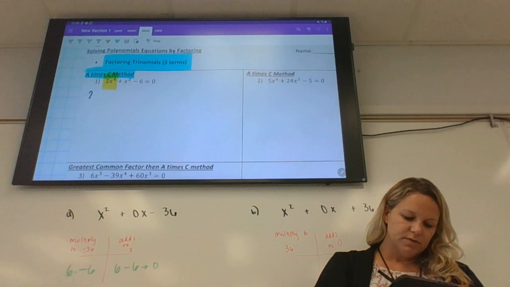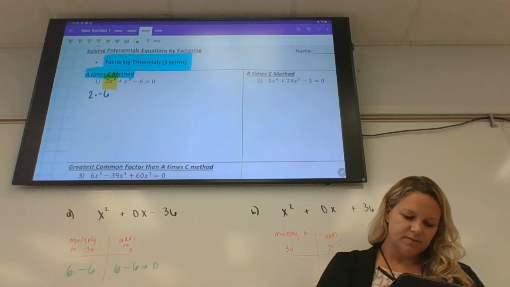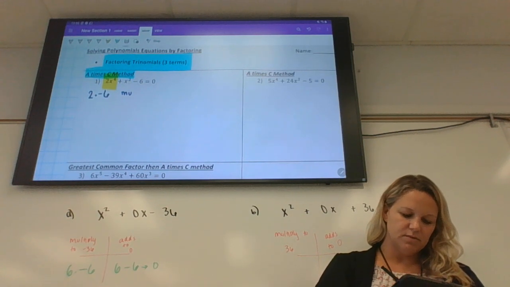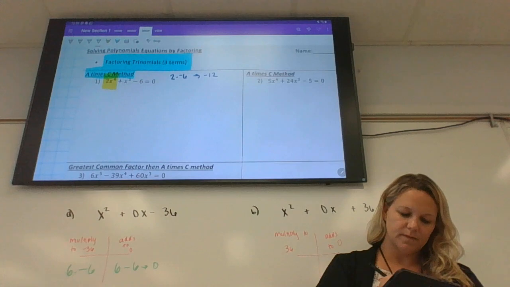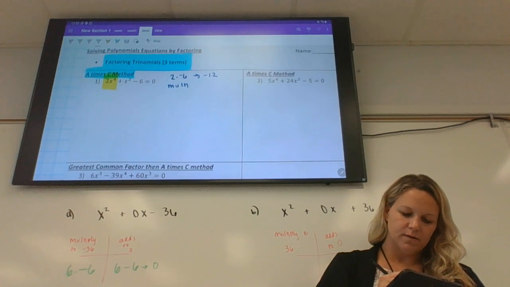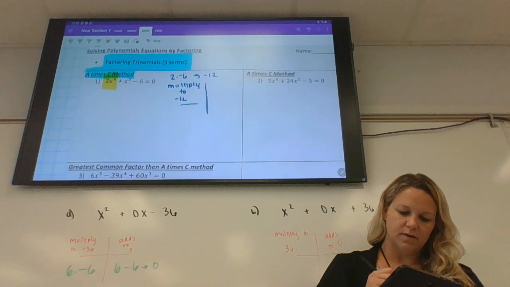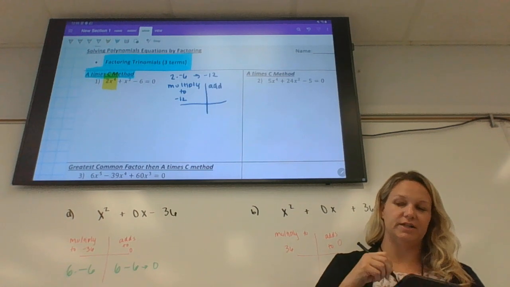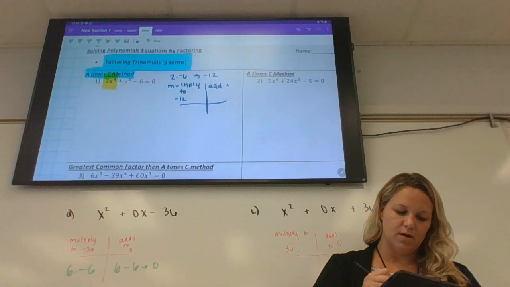So I'm going to do 2 times negative 6. Actually, I'm going to come over, put it over here. I can already see that I'm going to run out of room.